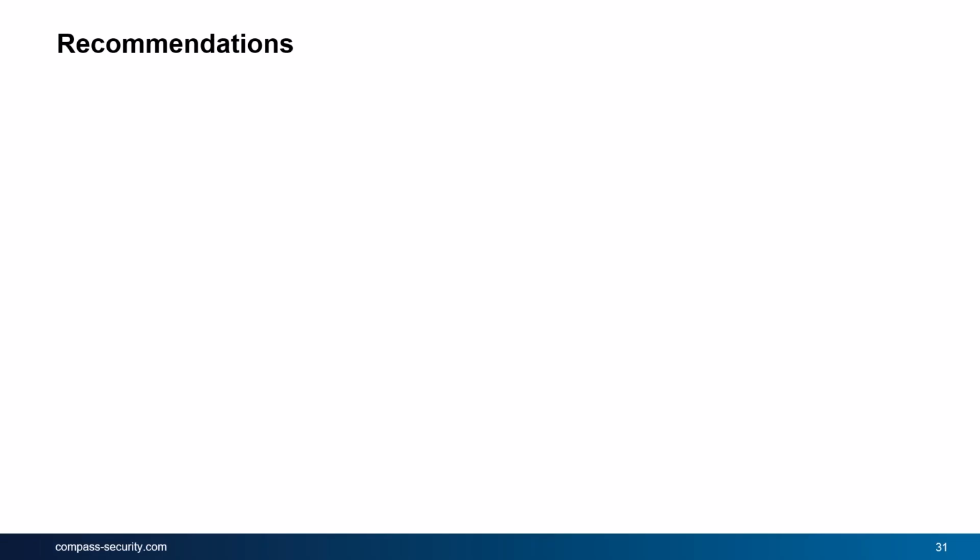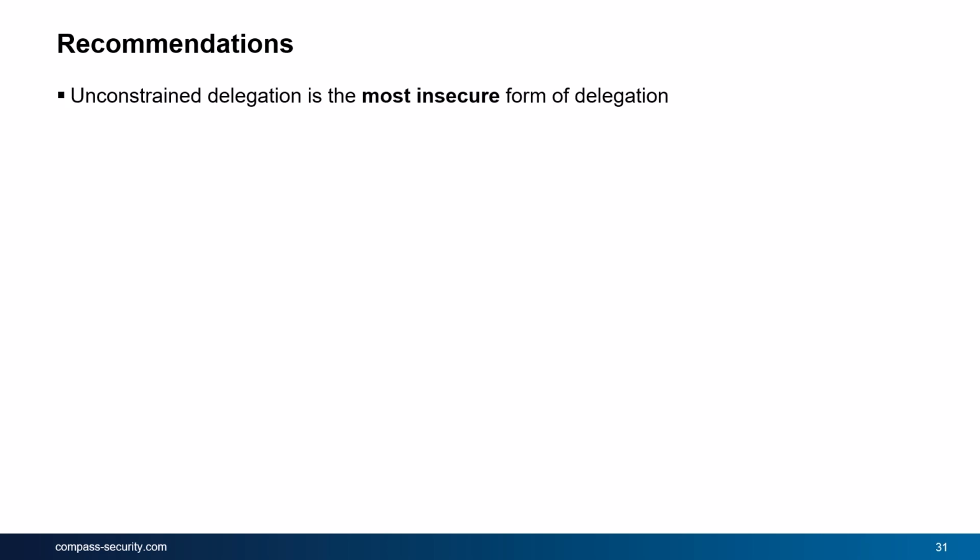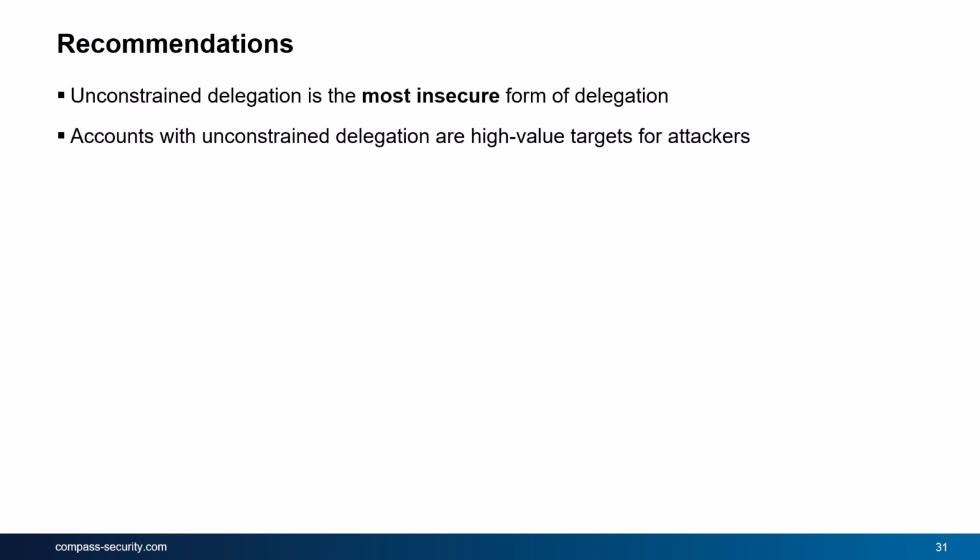Now onto the recommendations. What should you think about when you want to use unconstrained delegation or when unconstrained delegation is in use currently in your domain? First of all, as we've learned now, unconstrained delegation is essentially the most insecure form of delegation. So whenever you configure this on an account, this account automatically becomes a very high value target for attackers.